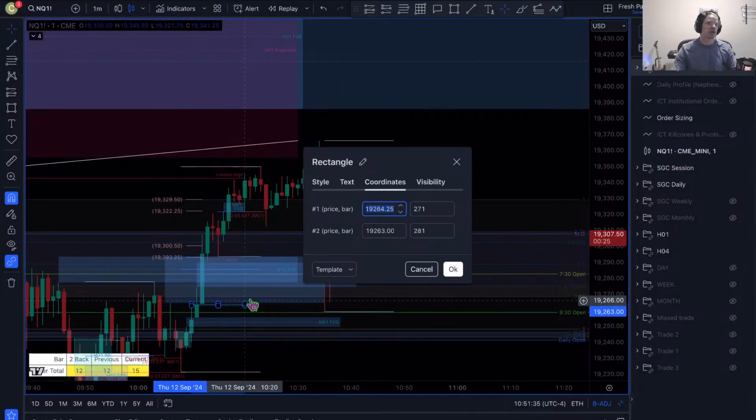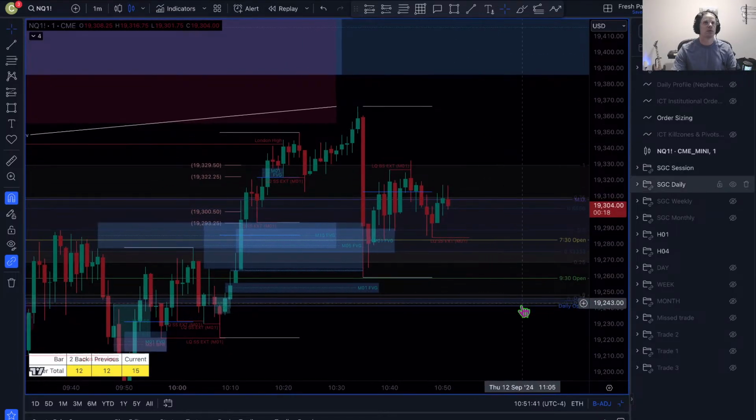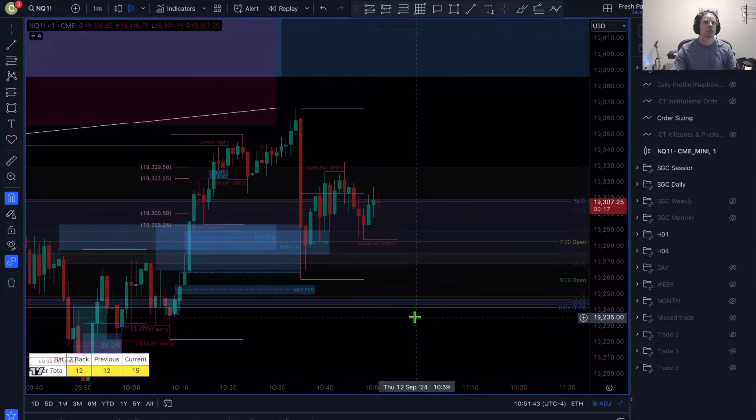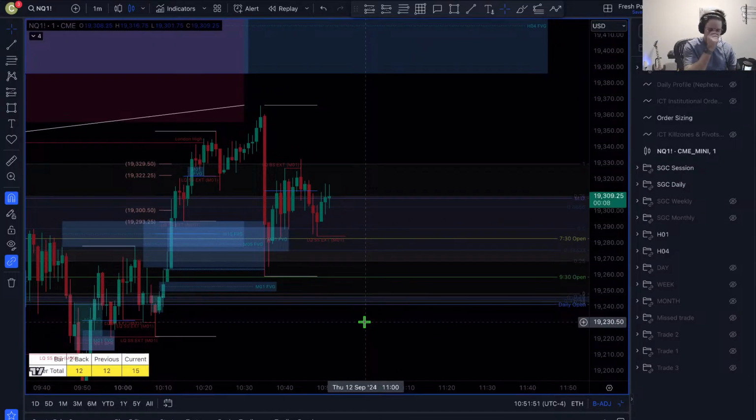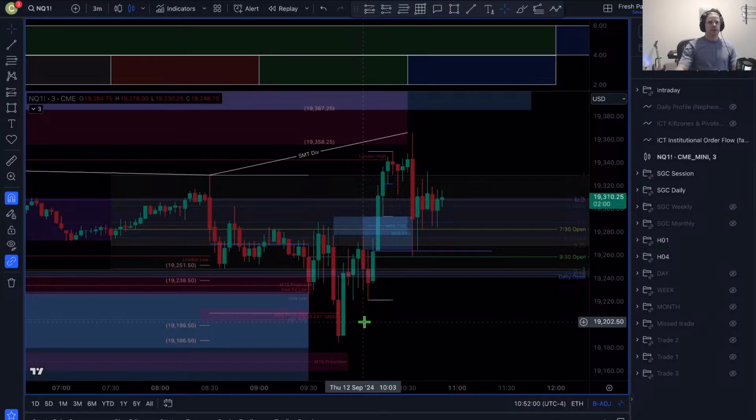Notice that it came back into this. And held that. Right at midnight open. I mean, this daily is just right at the 2-day open. Oh.